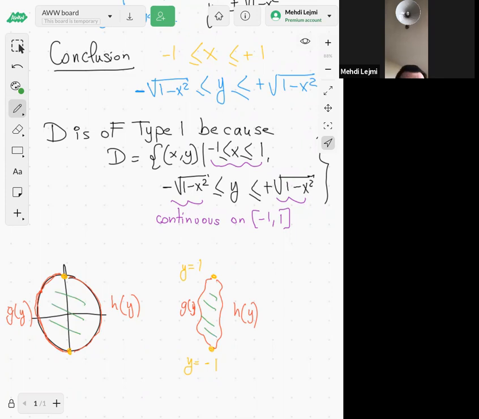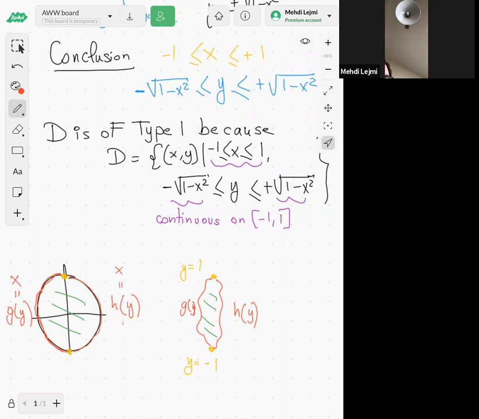Now, what will be the equations of g of y and h of y? Here x is equal to g of y, and x is equal to h of y.